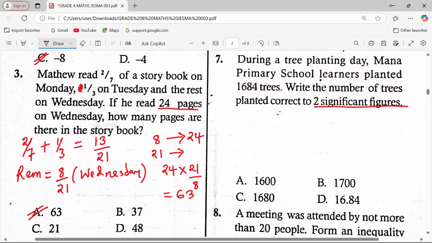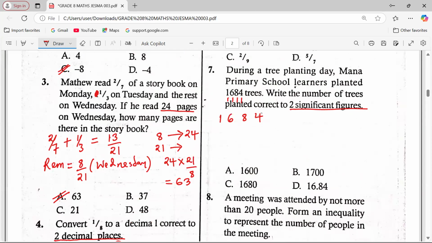So we have 1 as the first figure, 6 as the second, then third, fourth. Because we want to round off to 2 significant figures, we will consider the second significant figure, but we check the value of the figure on its right-hand side. So 8 is greater than 5, so 8 is able to increase 6. And therefore this becomes 1, 7.